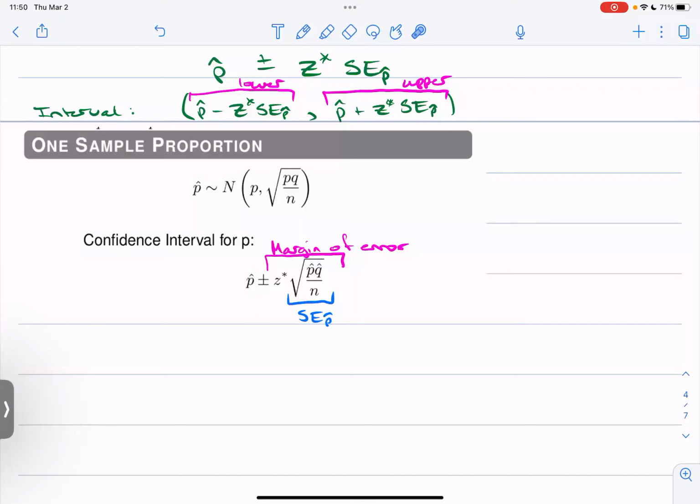We haven't built a confidence interval yet, so we're getting there. But the last housekeeping thing that I want to introduce before we do is how do we interpret a confidence interval? I'm going to give you a canned answer that I want you to use until it makes sense to you.